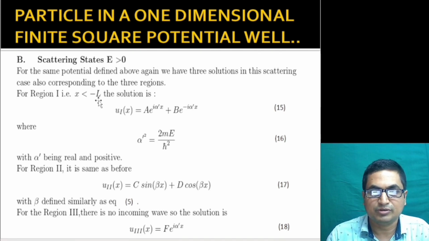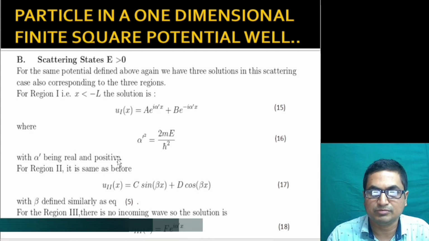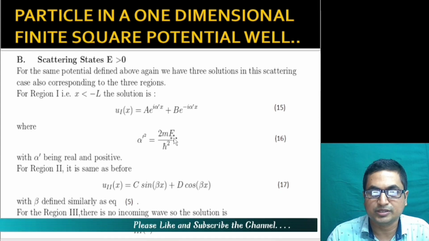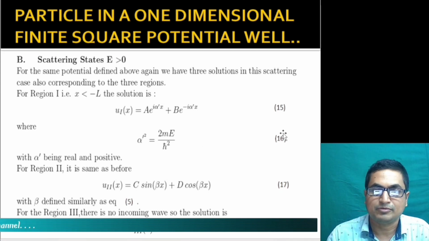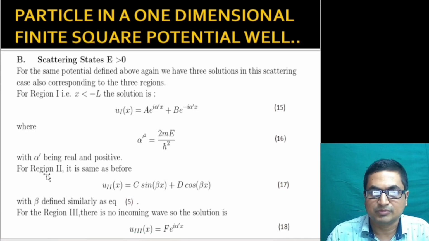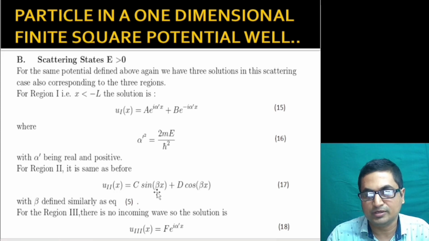And similarly, for the region x less than minus L, the solutions are like this. Here we replace this alpha by alpha prime now, and again this alpha prime is real and positive, since E is greater than 0, so definitely this alpha squared is positive, and so alpha is real now from 16. Similarly for equation 2, the solutions are the same in a way.